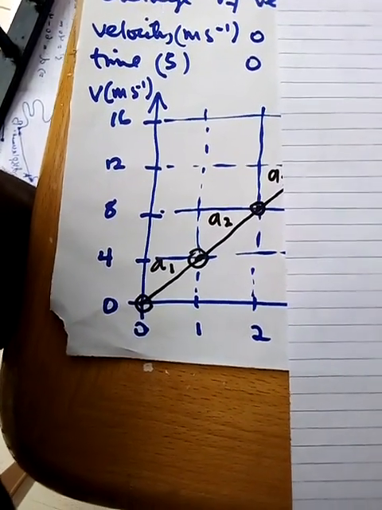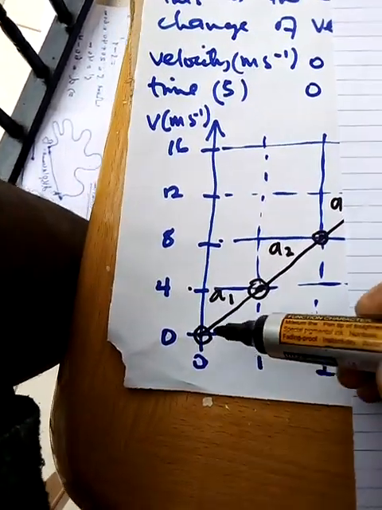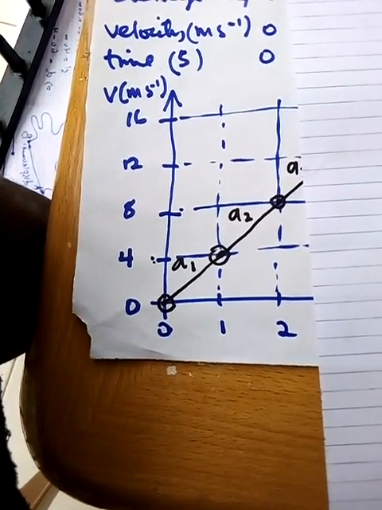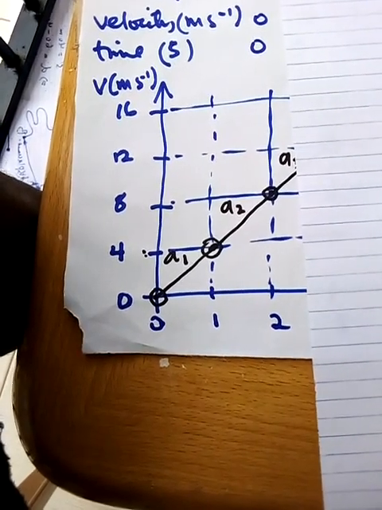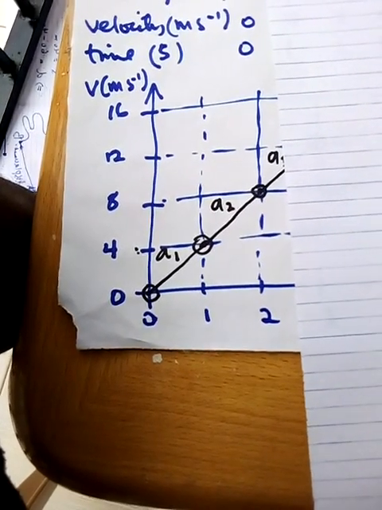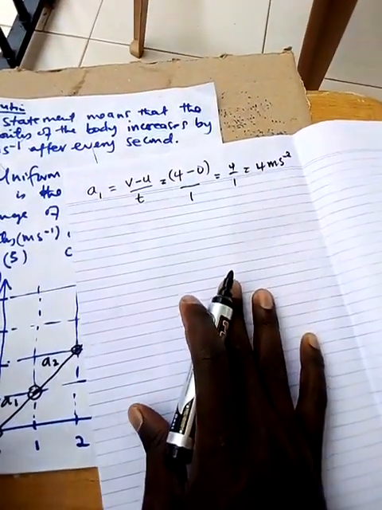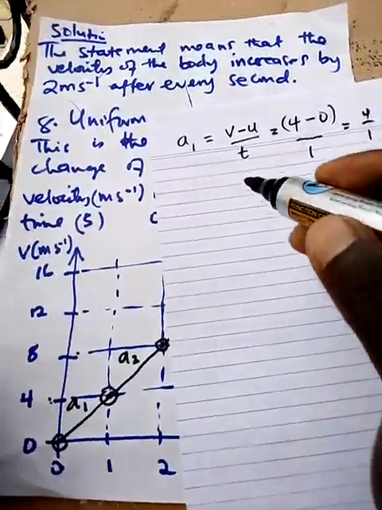Now here, when you look at it, the final velocity is actually 4, initial velocity is 0, and the time taken is just 1 second. That is actually 4 over 1, which is 4 meters per second squared.